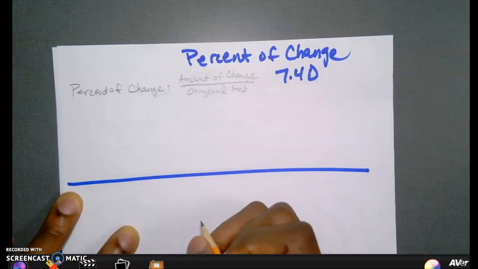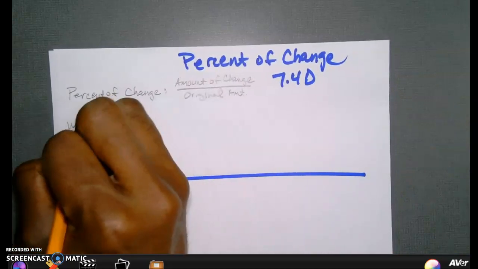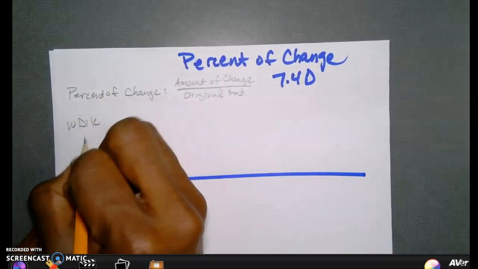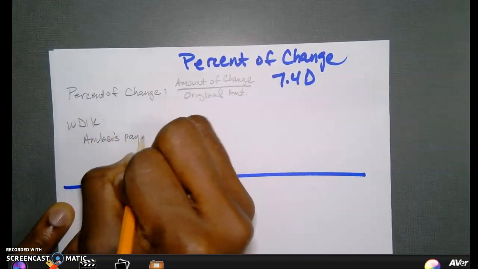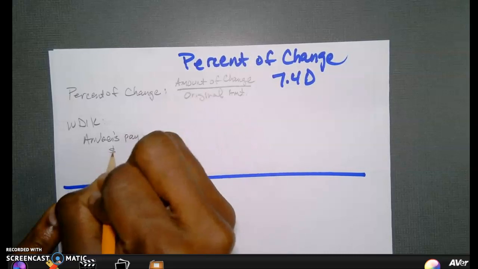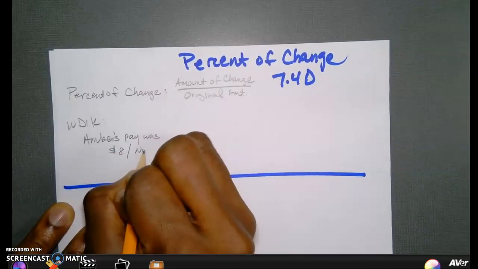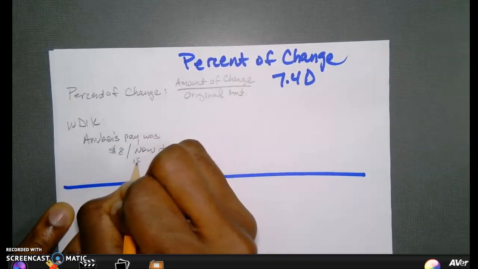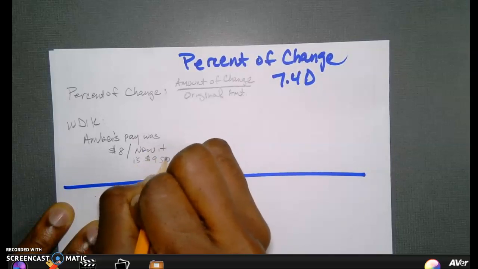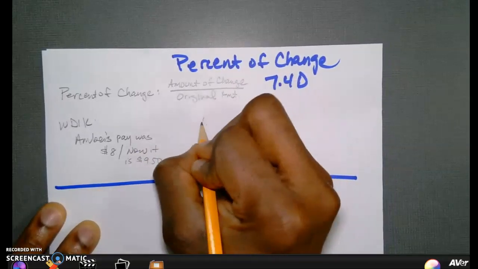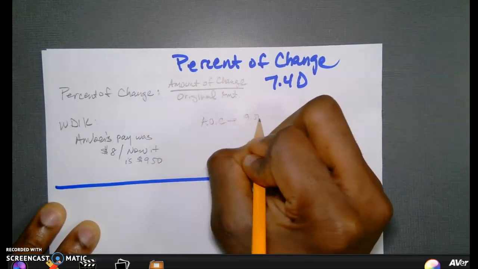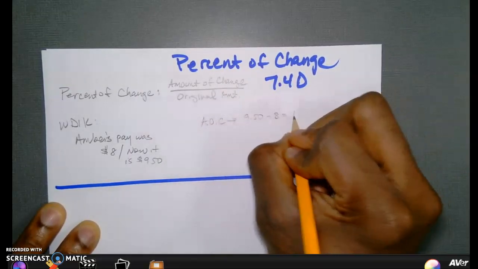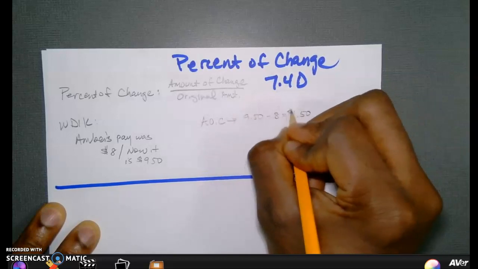Okay, so we know the WDIKs were that Amber's pay was $8. Now it is $9.50. So once again, my AOC is going to equal $9.50 minus 8, which will be $1.50.